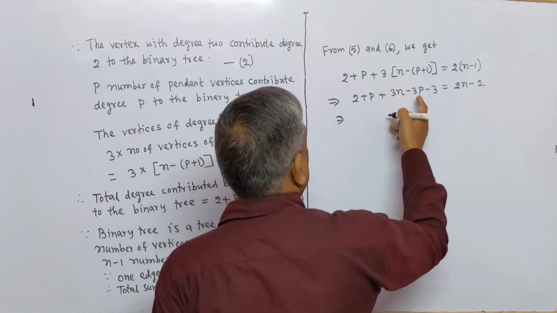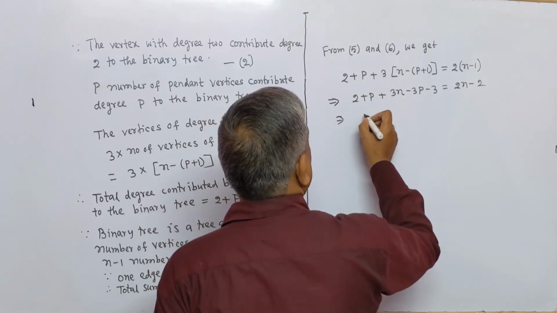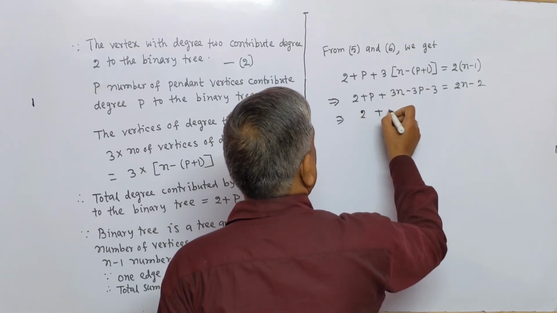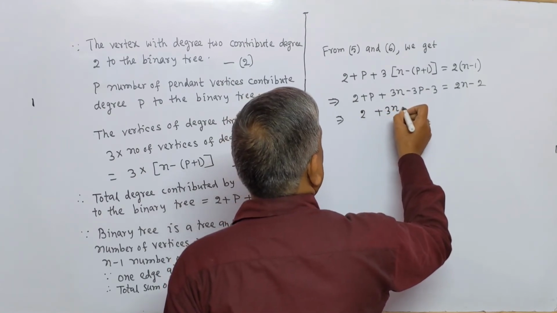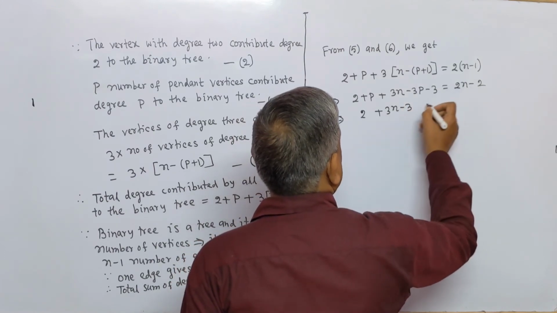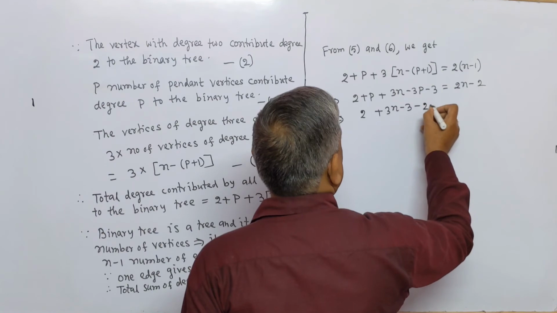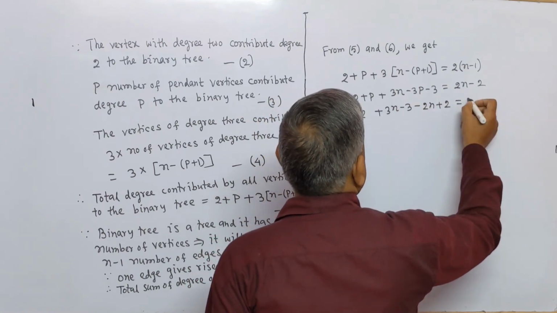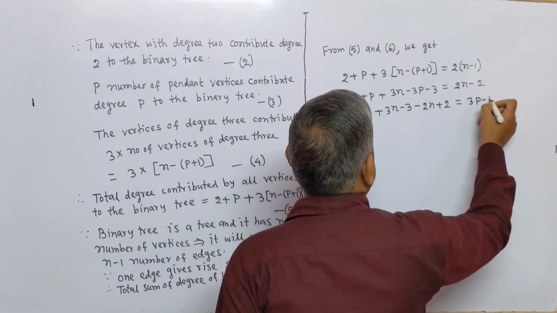This implies 2 plus 3n minus 3, this side minus 2n plus 2, equals 3p minus p.